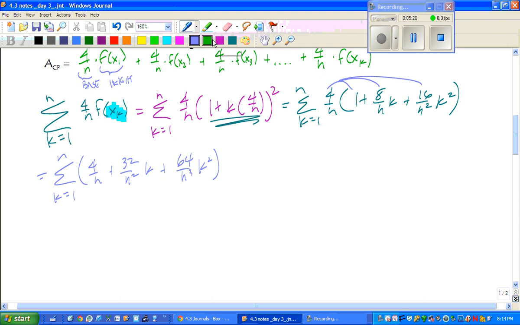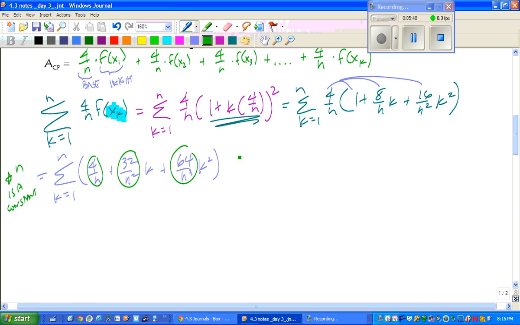Before we move on, I need to remind you that this n is a constant. All right, n is a constant. That's just a number. It depends on what we decide it to be. So this is a constant, this is a constant, and this is a constant, right? K is our variable. So each one of those things is a constant.